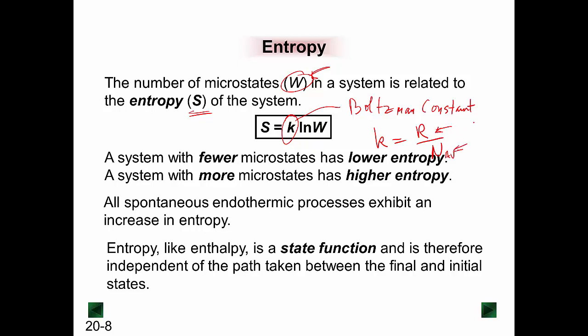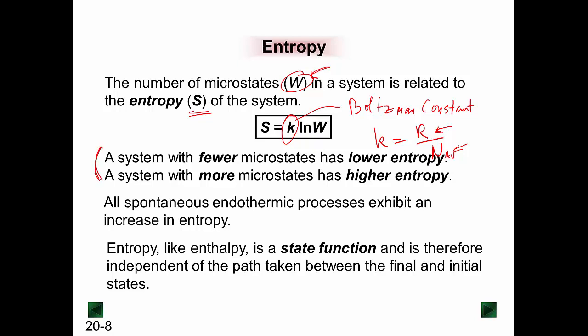Avogadro's number is 6.022 times 10 to the 23rd, and R is our universal gas constant. So the Boltzmann constant is a constant, and it comes from these two constant values, the universal gas constant and the number of particles in a mole, Avogadro's number.